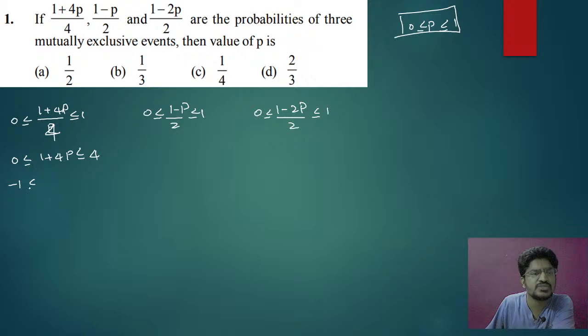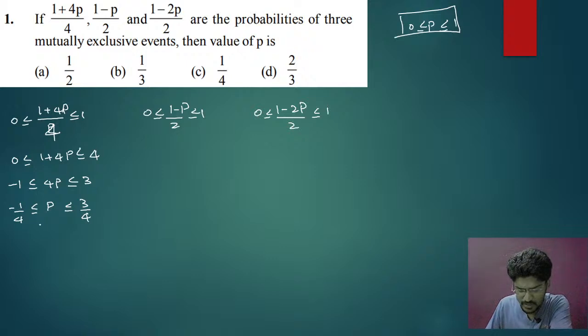Minus 1 plus 1 will get cancelled, 4p, and 4 minus 1 is 3. Dividing by 4 for all the terms, it will be minus 1 by 4, p, 3 by 4. So now this is your first result, that p is greater than or equal to minus 1 by 4 and lesser than or equal to 3 by 4. Clear?